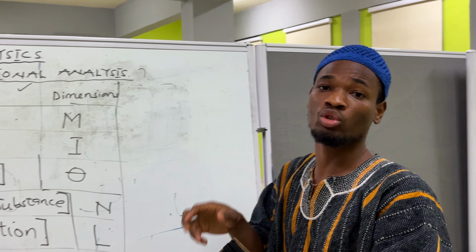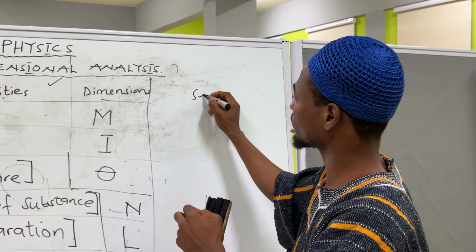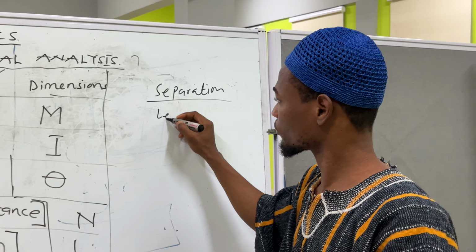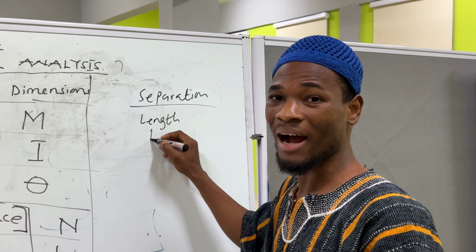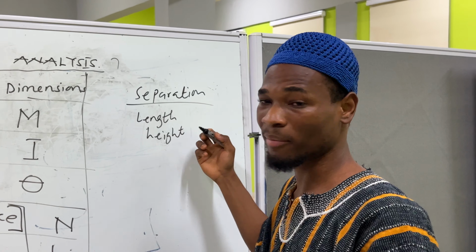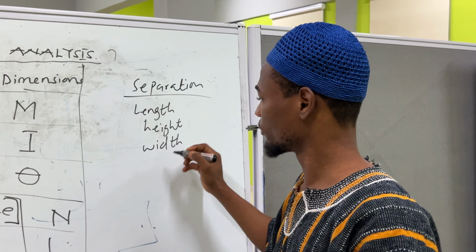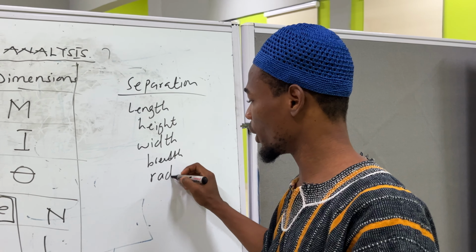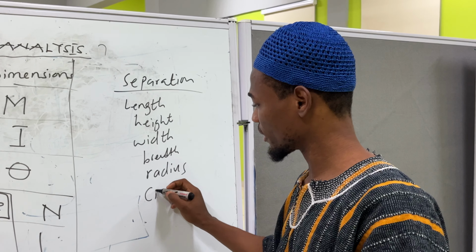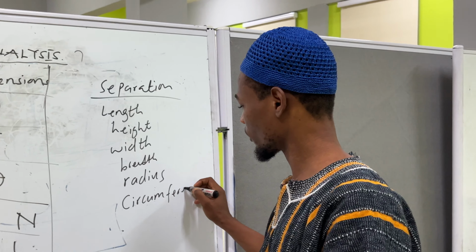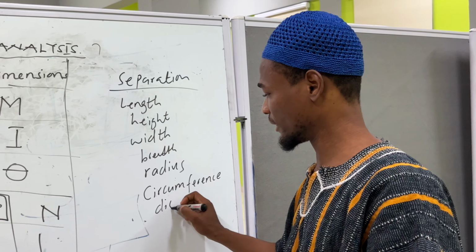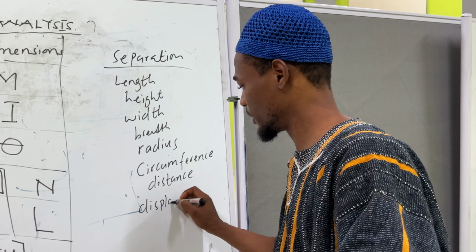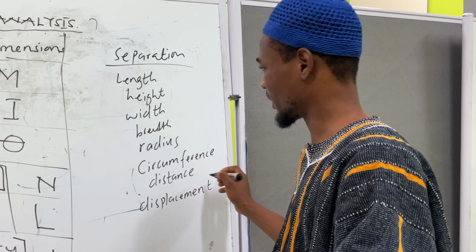So when we talk about separation, that is the distance between two fixed points. Examples of separation: we can have length, we can have height or depth, we can have width, breadth, radius, circumference, distance, displacement, there are many.